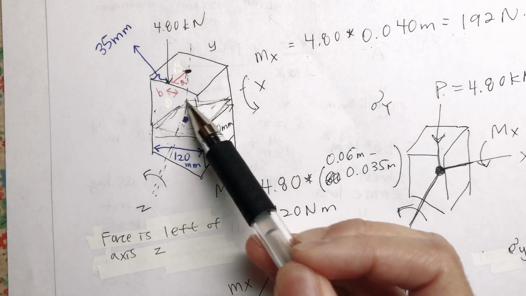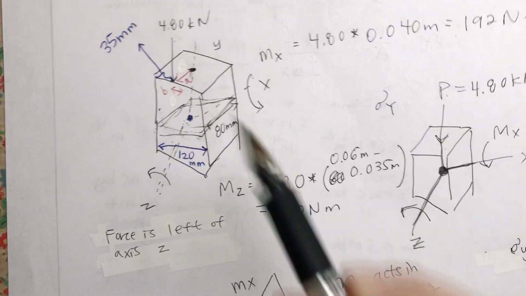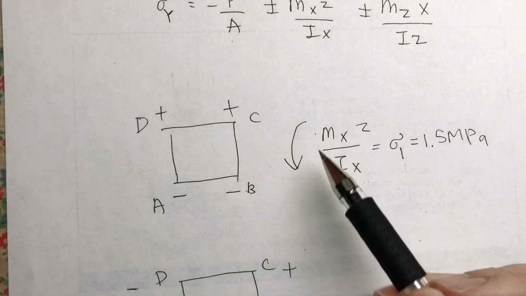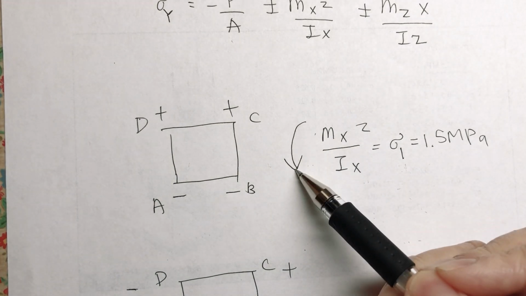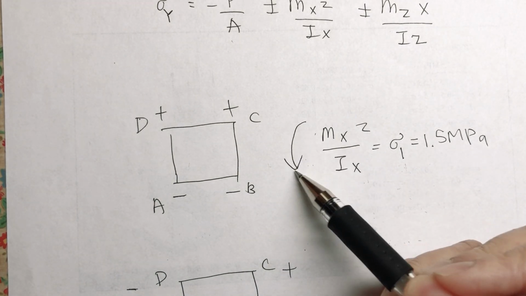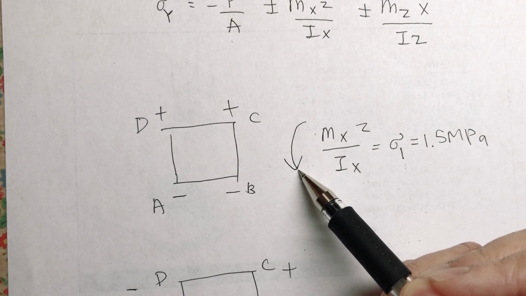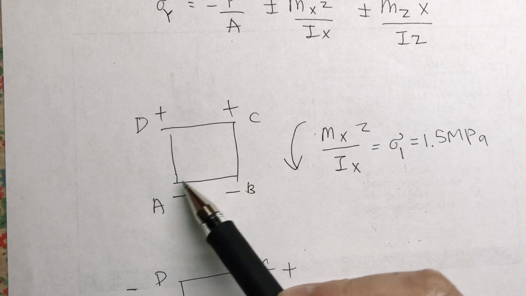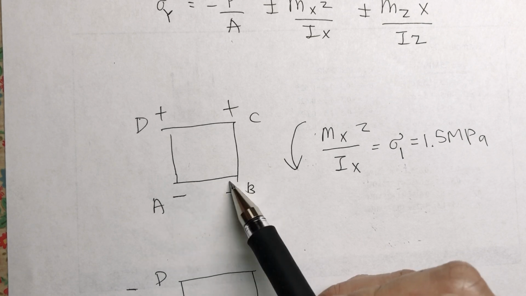So we're looking at the cross-section here, A, B, C, D. We have this moment about the x-axis. Where the arrow is pointing tells us if it's in compression or tension. So here, the bottommost is going to be in compression.